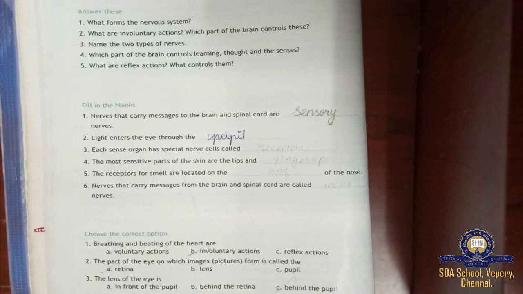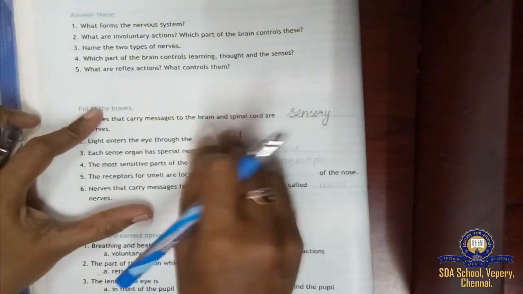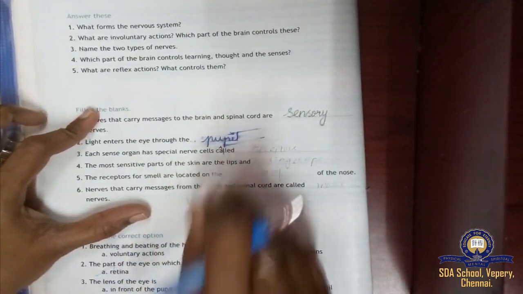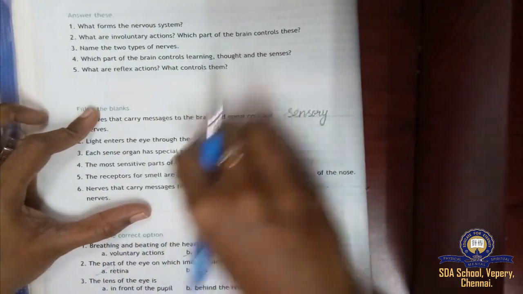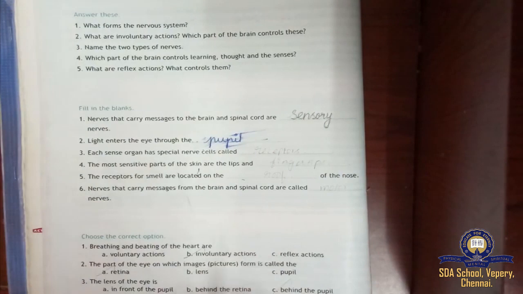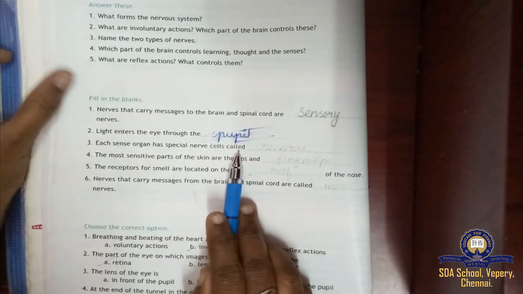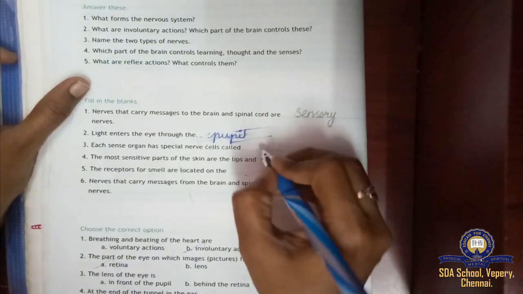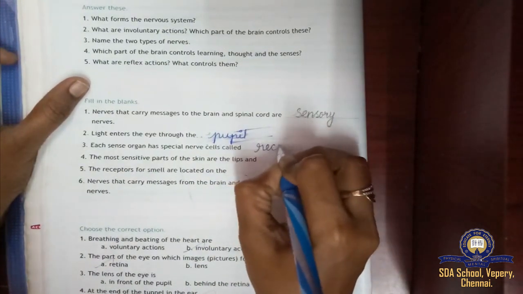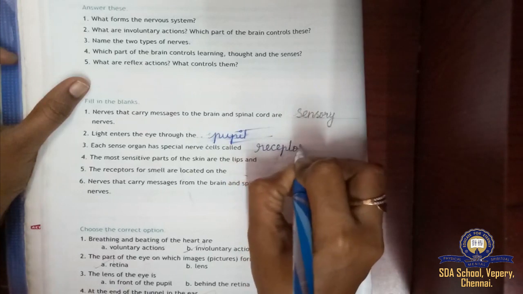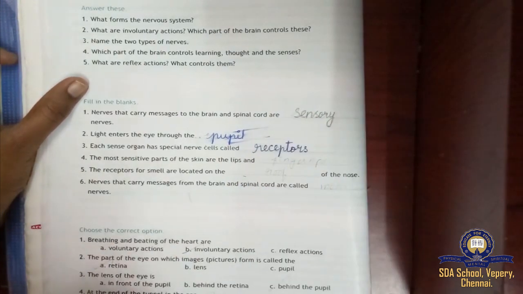Now the third one. Each sense organ has special nerve cells called receptors. R-E-C-E-P-T-O-R-S, receptors.